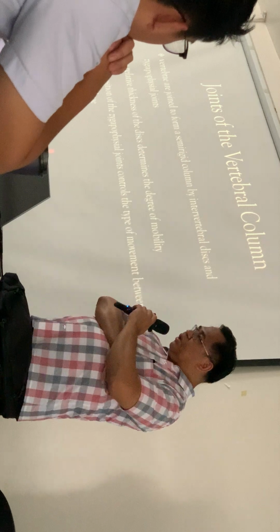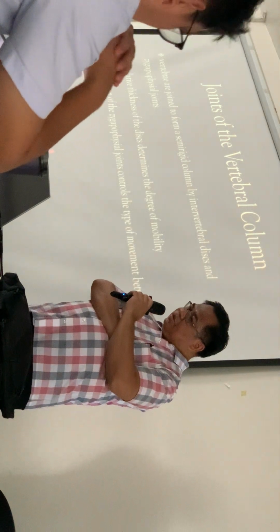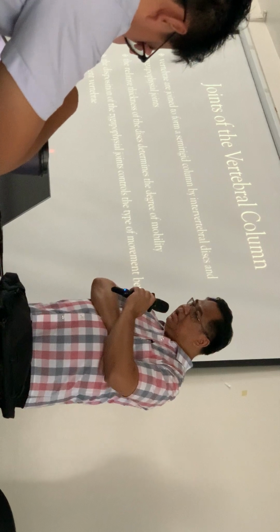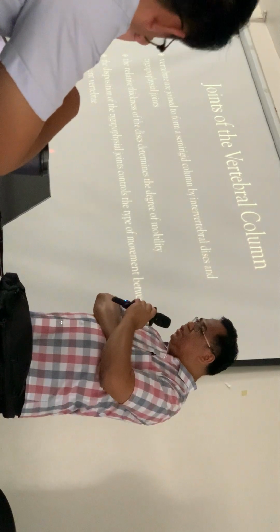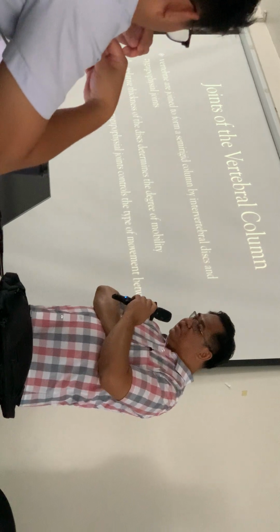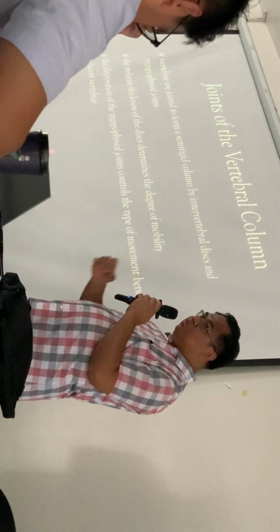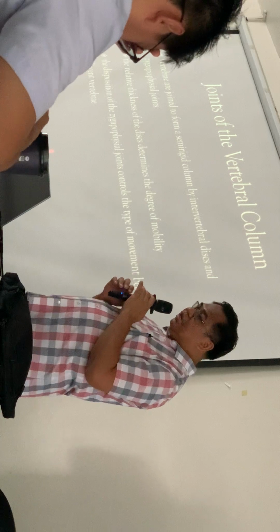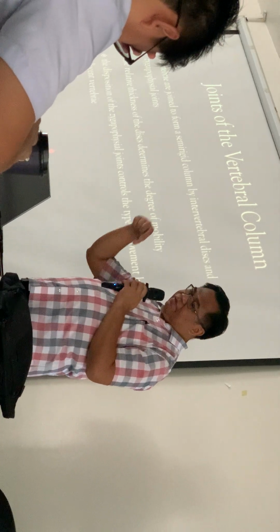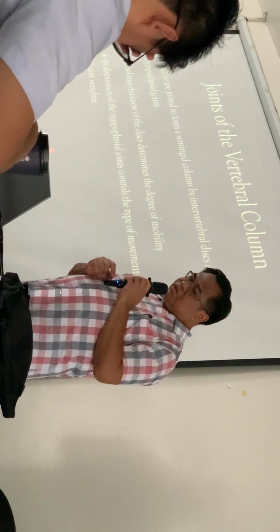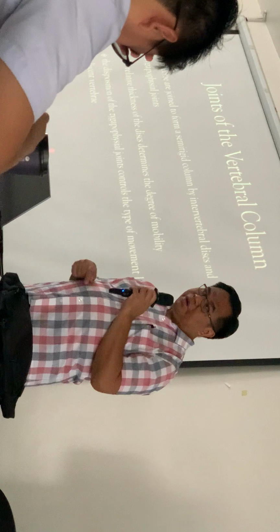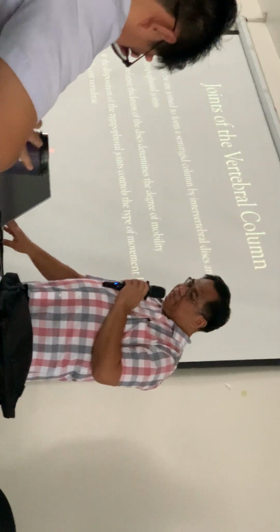Joints of the vertebral column. So vertebrae are joined to form a semi-rigid column by intervertebral discs and zygapophyseal joints. So in between the bodies, we have the cartilaginous intervertebral discs, and we have the zygapophyseal joints made by the inferior and the superior articular processes.